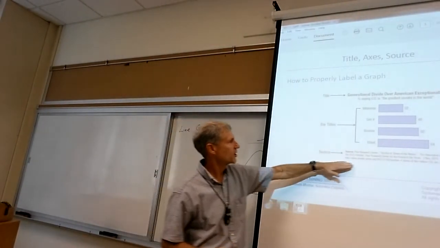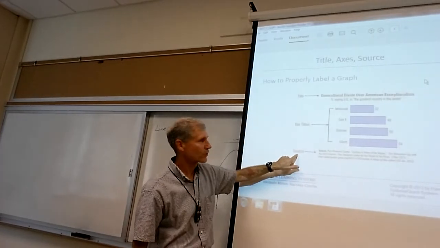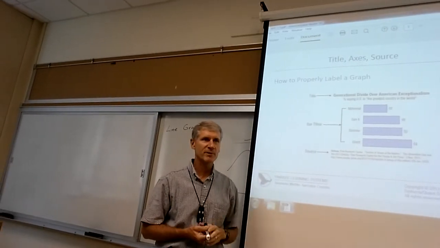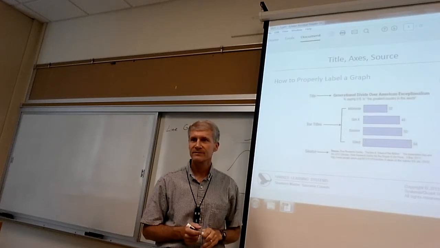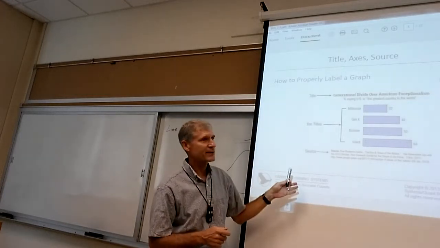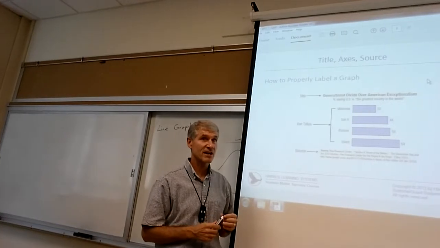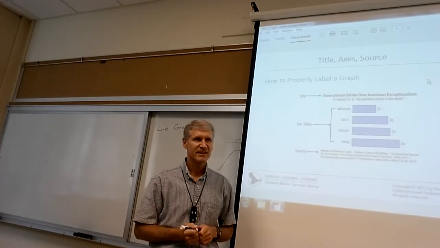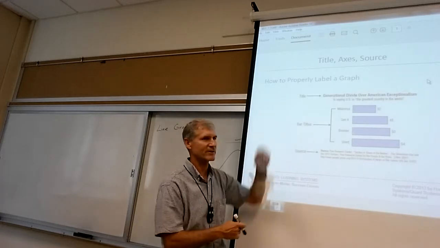It's too small to read here, but it says source. Remember the argument we made back in an earlier chapter about considering the source? So deciding whether you got a good graph or a bad graph, a lot of that just comes down to where they got the data. If the data is not trustworthy, then the heck with the graph.